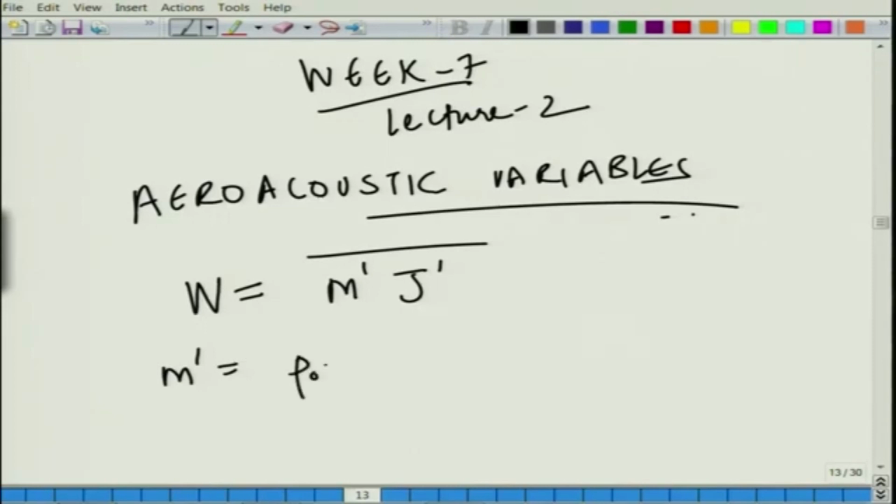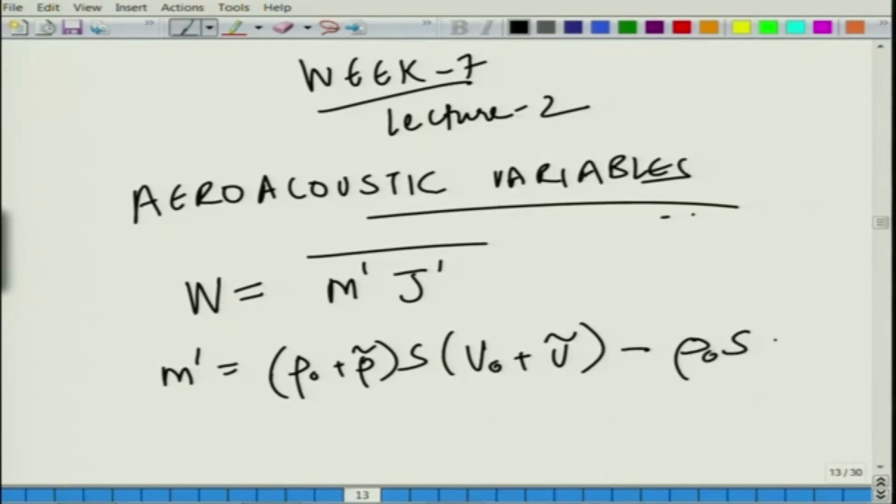So, this is your rho naught plus rho tilde, times S, times u naught plus u tilde, minus rho naught S times u naught.